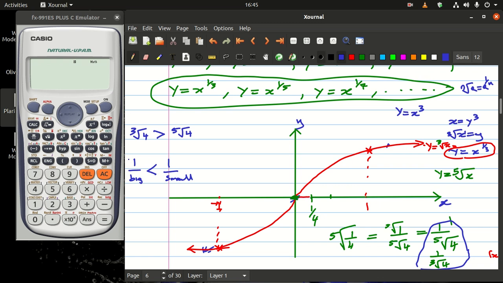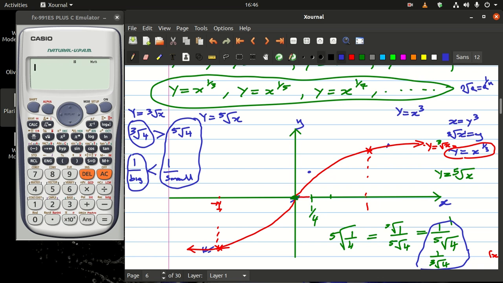Now this side here, which is small, belongs to y is equal to the cube root of x, and this side here belongs to y is equal to the fifth root of x. Now we wanted to plot that. So this one is bigger according to this inequality, which means that this is bigger. So we are expecting a value that is somewhere.